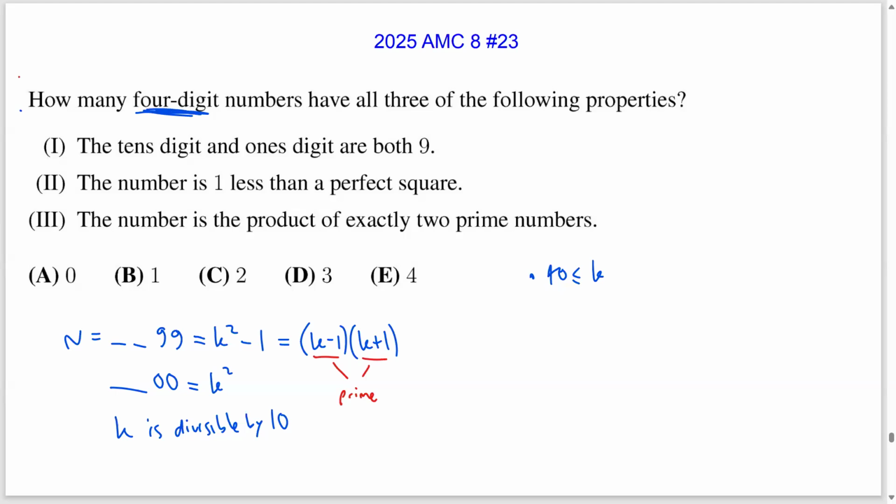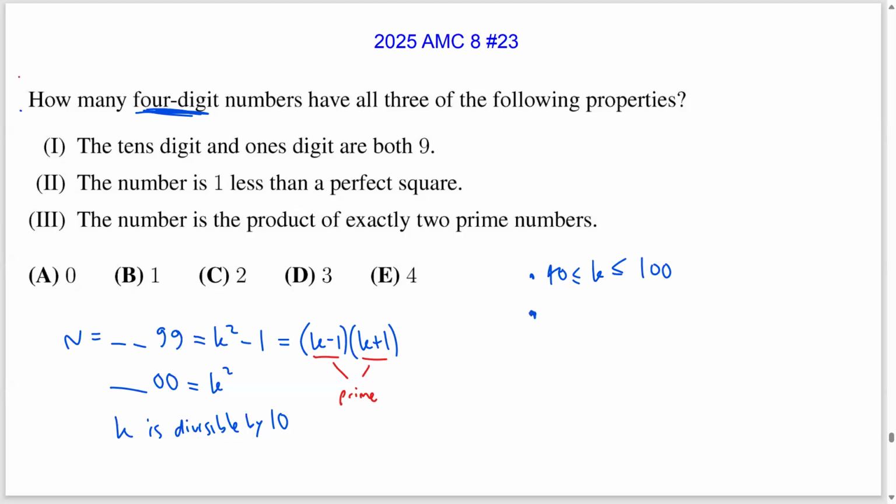So the smallest possible value that k can be would be 40. Now, the largest possible value to consider is not 90, but 100, because 100 squared minus 1 is the number 9999, which is a four-digit number.